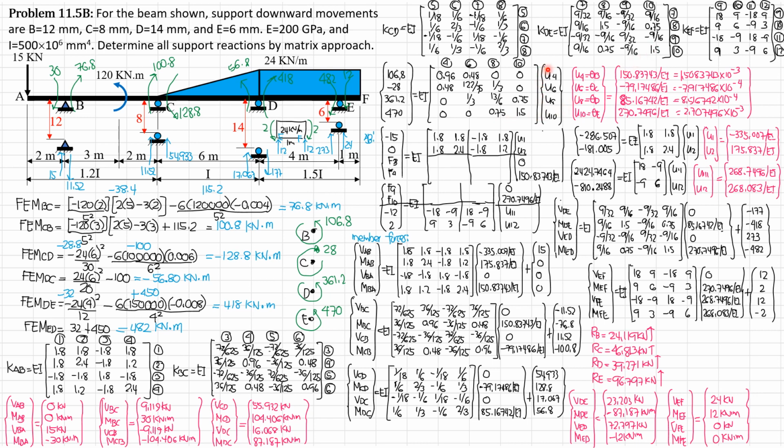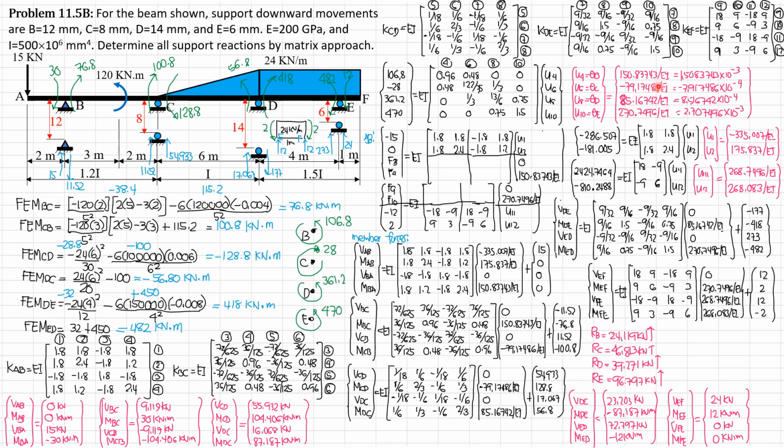So we can now compute these displacements, U4, U6, U8, U10, as the product of the inverse of this matrix and this force matrix here. Then the answers would be U4, which corresponds to theta B, U6 theta C, U8 theta D, U10 theta E, would be these values here over EI.